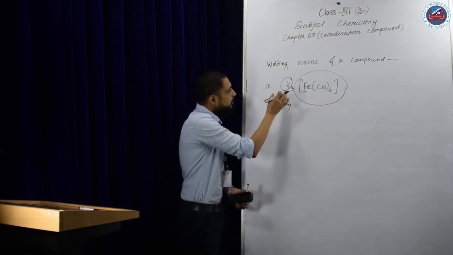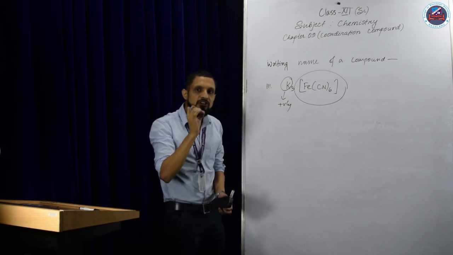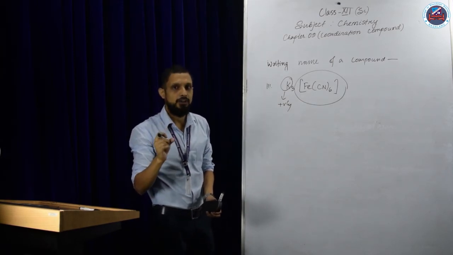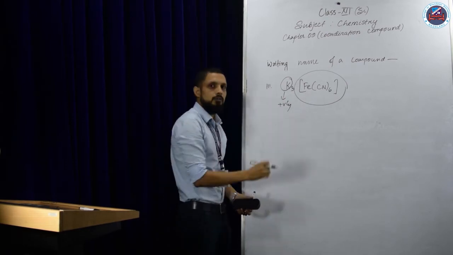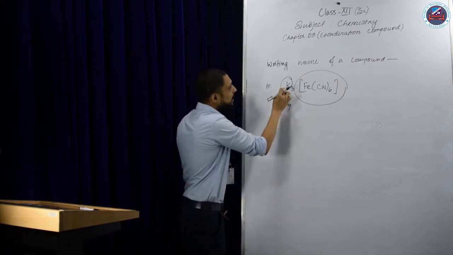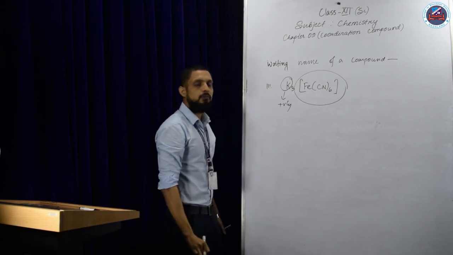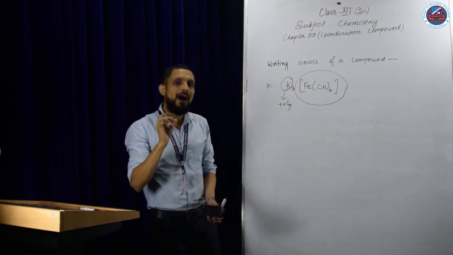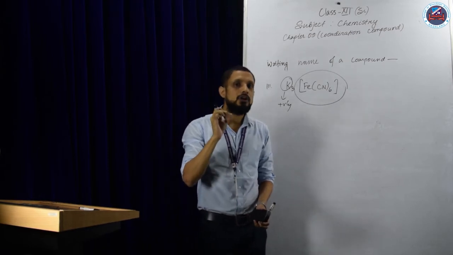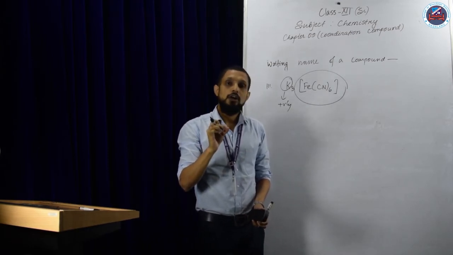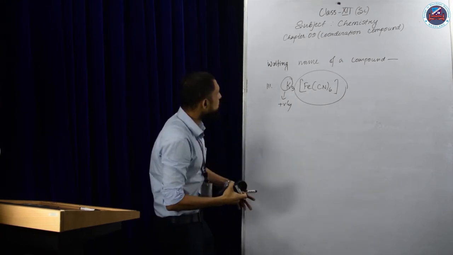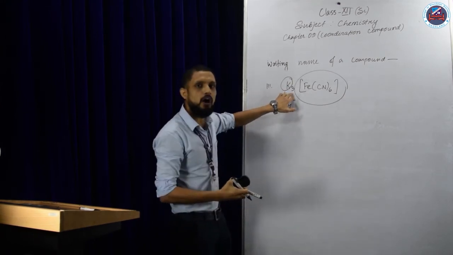Since the counter ion is positively charged, we'll start with the counter ion, that is potassium. Here you can see K3, which means you have 3 potassium. But while writing the name of the counter ion, you don't have to mention the number of counter ions.